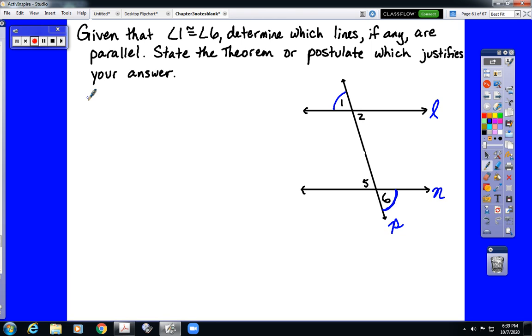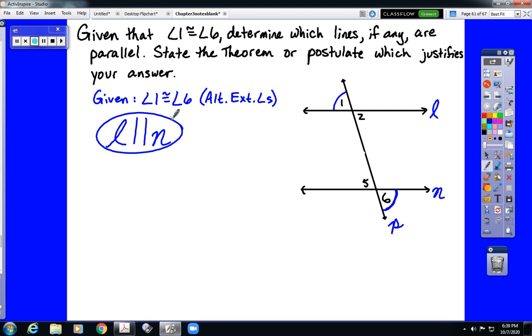So the converse of the alternate exterior angle theorem says that if we have a pair of alternate exterior angles that are congruent, which we were given, which means it is true no matter what, we were given that angle 1 is congruent to angle 6, and we recognize that those are alternate exterior angles, then what we can say is that L must be parallel to N. And the reasoning is the converse of the alternate exterior angle theorem.